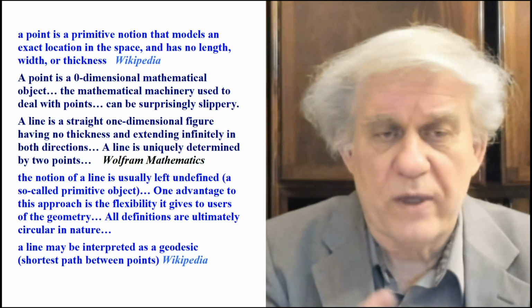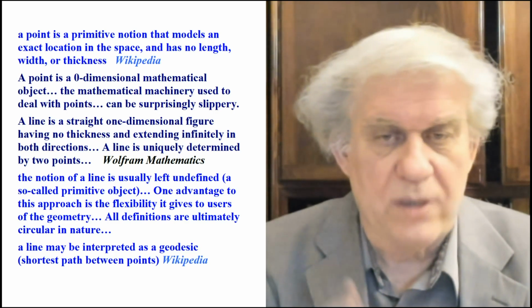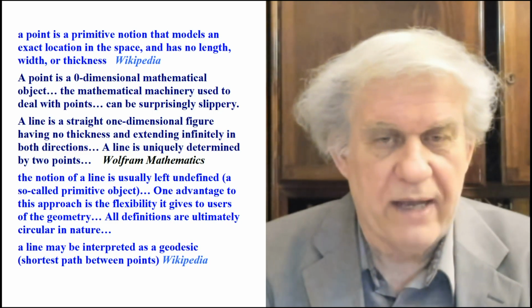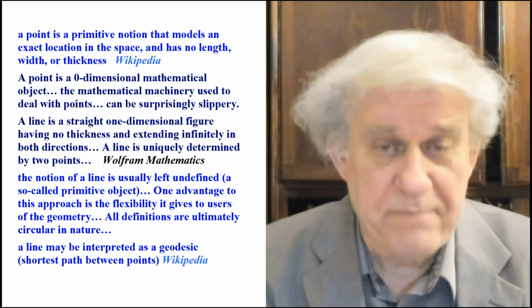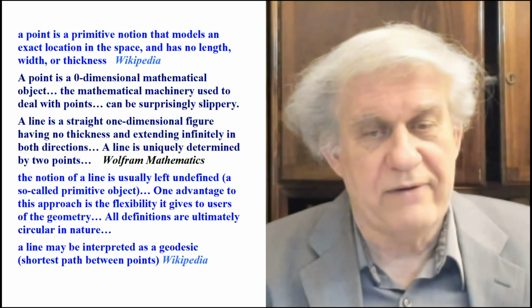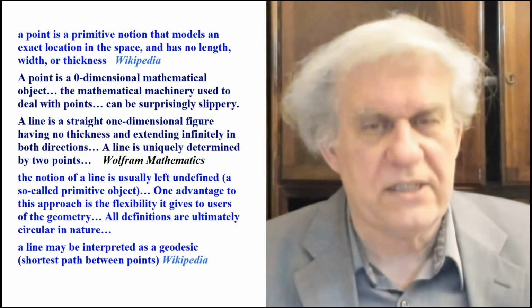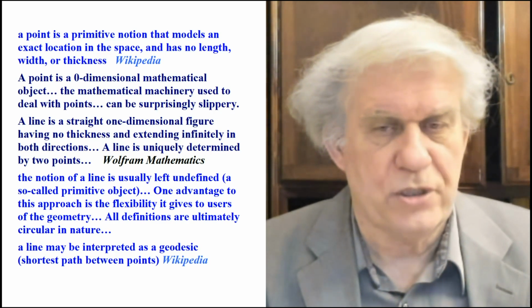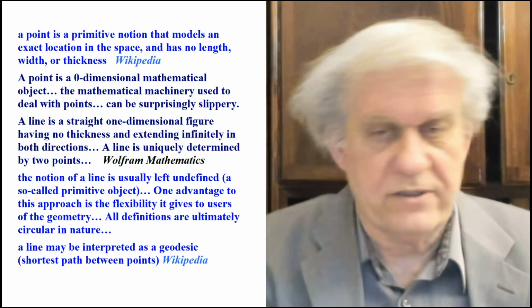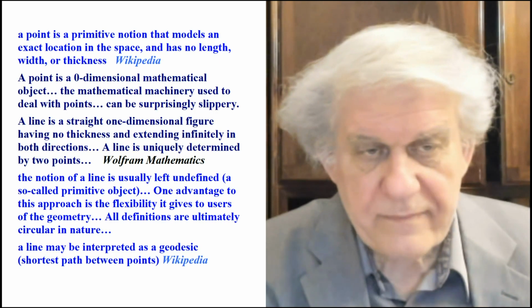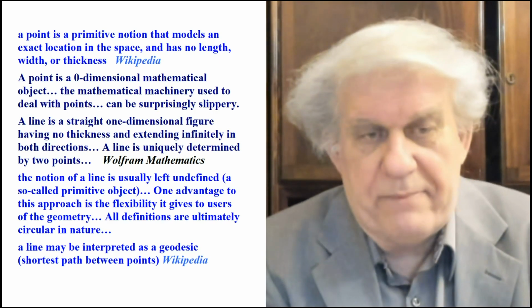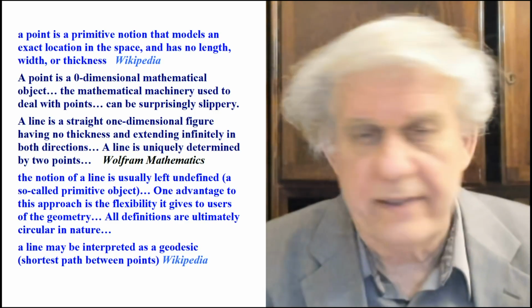A line is a straight one-dimensional figure. No, there is no such thing as a one-dimensional figure. They're talking about itineraries. They're talking about locations. We have zero-dimensional, no, non-dimensional locations, one right after another, constructing what is known as a line. And what is a line? It's an itinerary. It's a trajectory. Could be an orbit if it's circular. Having no thickness. No such monster having no thickness, meaning just one-dimensional again. And extending infinitely.